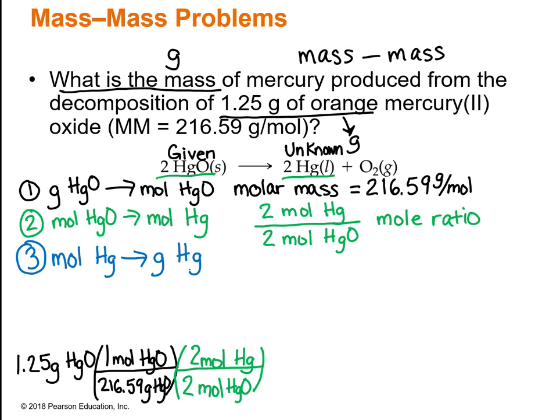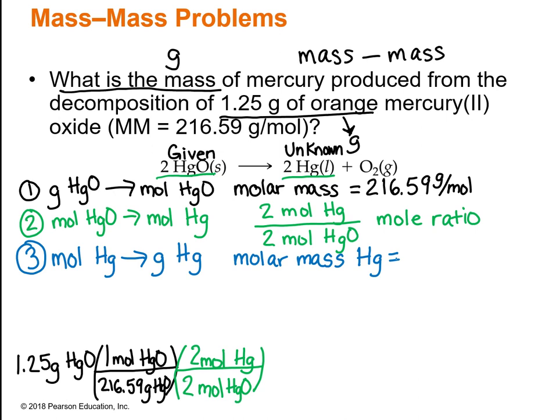How do we go from moles to grams? Molar mass of mercury. Exactly right, Cameron. So we're doing like the reverse of step 1. We're taking moles and going to grams. So we need the molar mass of mercury.